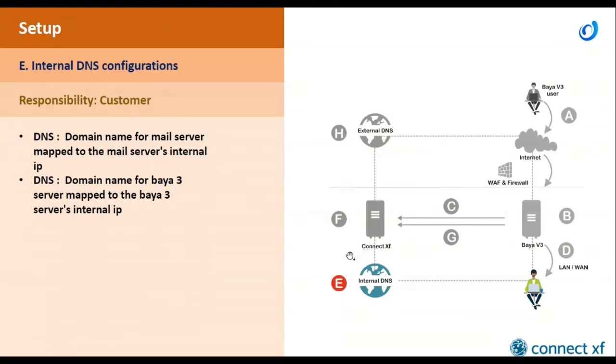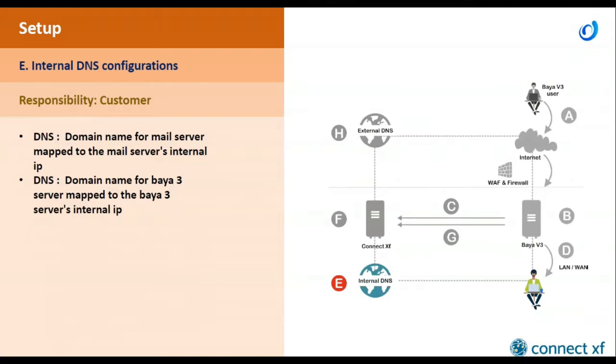Now in this E section, that is the internal DNS configuration. In the BIA v3 setup, whatever communication happens between the mail server and the BIA 3 server will happen on the domain name or host name of the server. These servers will not communicate over the IP address.